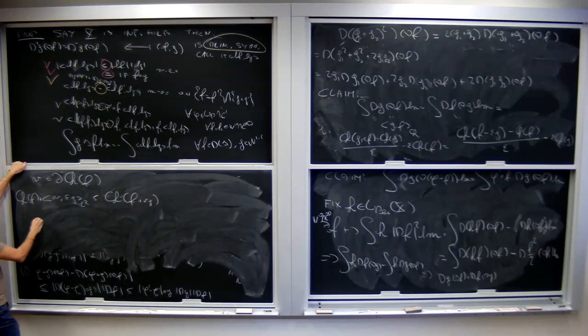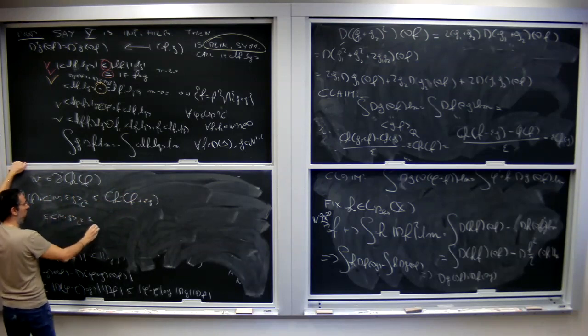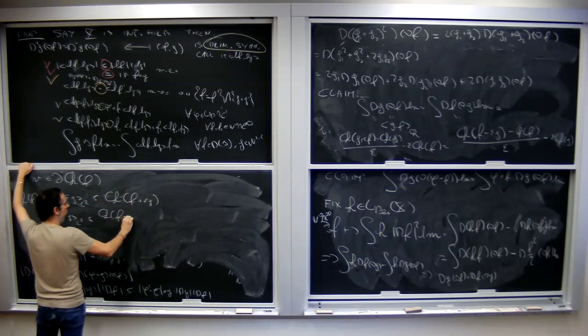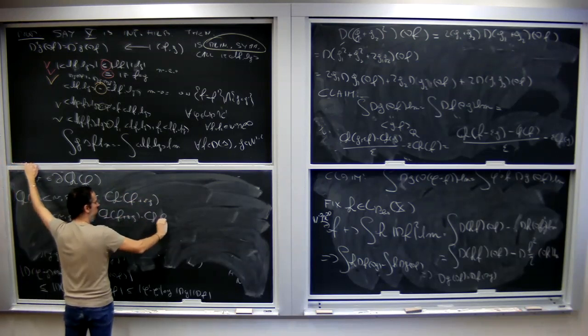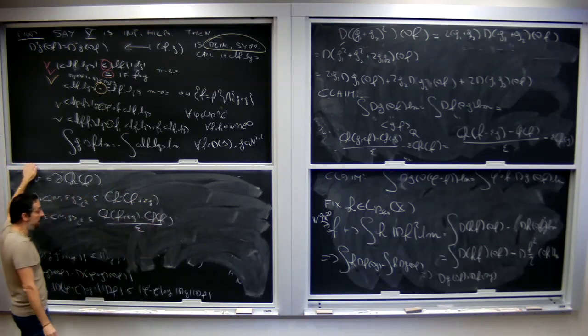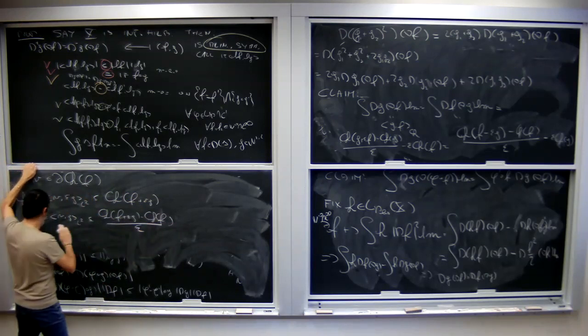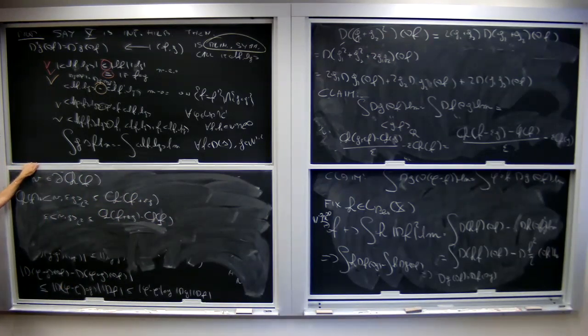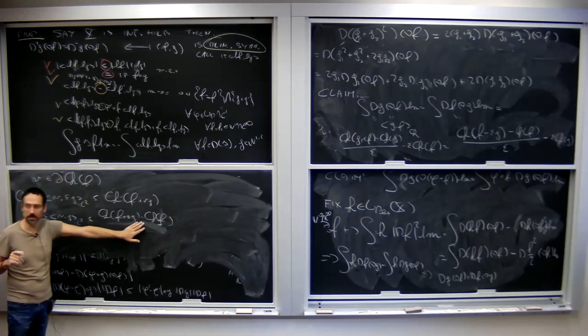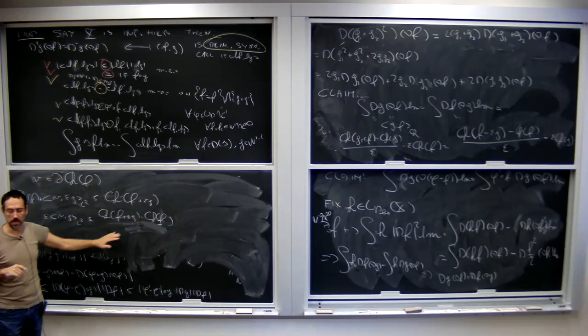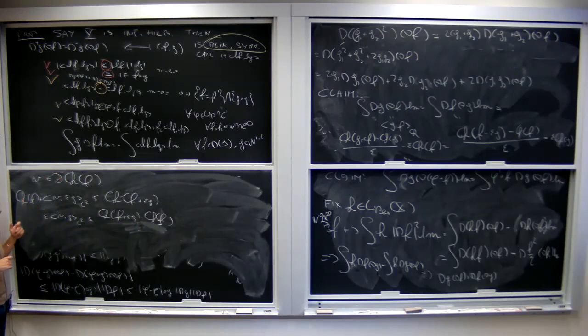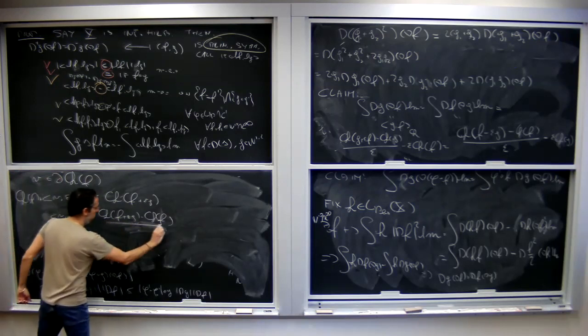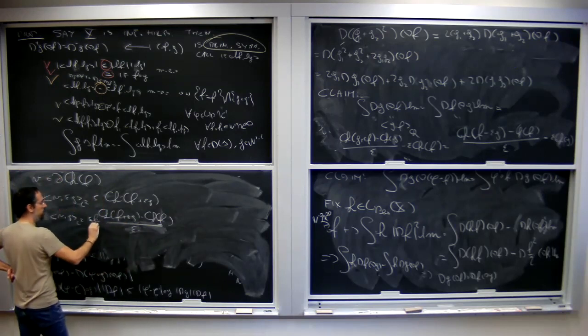So what I get is that epsilon times the scalar product of V and G in L2 is less or equal than the Cheeger energy of f plus epsilon G minus the Cheeger energy of f. So I'm really going through, once again, the same proof of the weak integration by parts formula, but now with a better understanding of what this is. Because now, if epsilon is positive, I can divide by epsilon, and then take the limit as epsilon goes to 0.